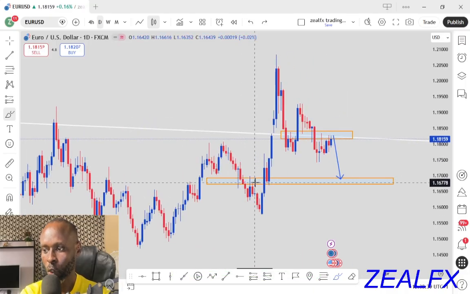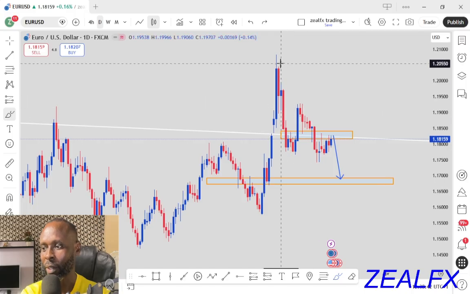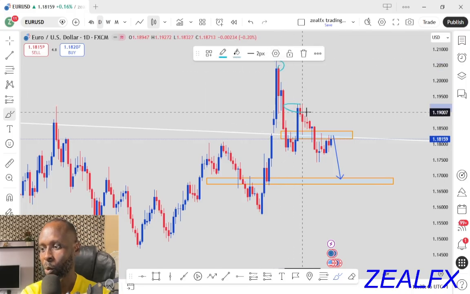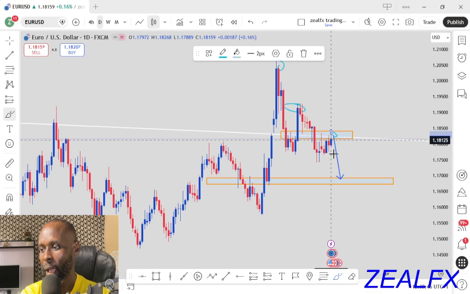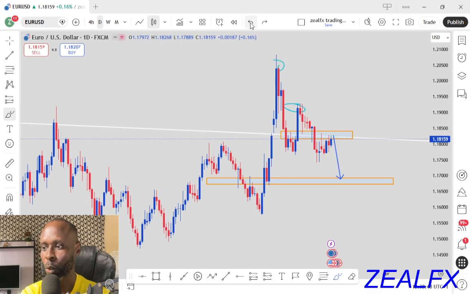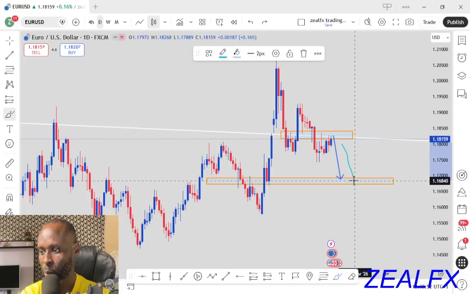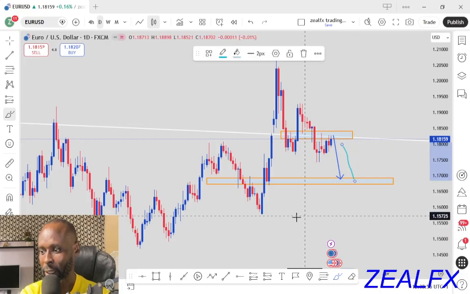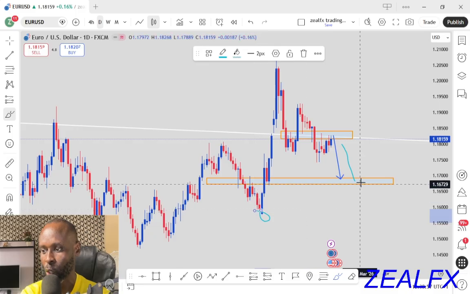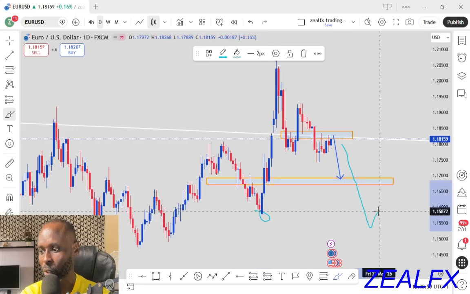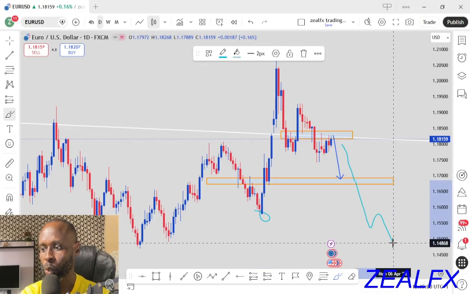Let's look at the inner structure on the EURUSD, where we have this higher high, then a lower high, then this lower high. So this is an inner structure movement for EURUSD, which indicates we expect price to come to this support level, and a break of this support level might trigger price to this next major structure level. And once we see price break this major structure level, this might push the euro down more for a selling opportunity.